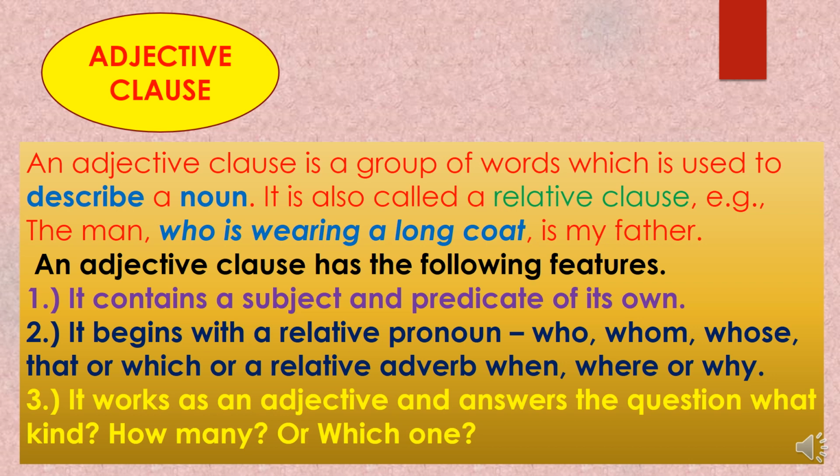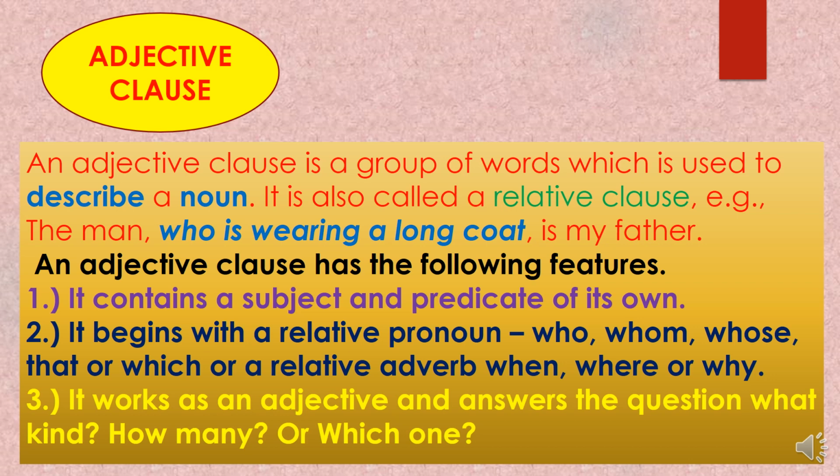An adjective clause has the following features. First, it contains a subject and predicate of its own. The predicate is the rest part of the sentence, and the subject is what the sentence is about.